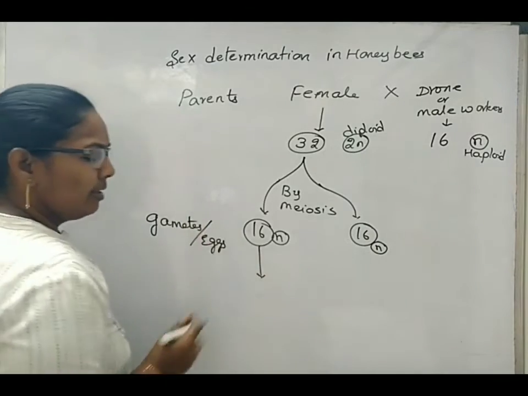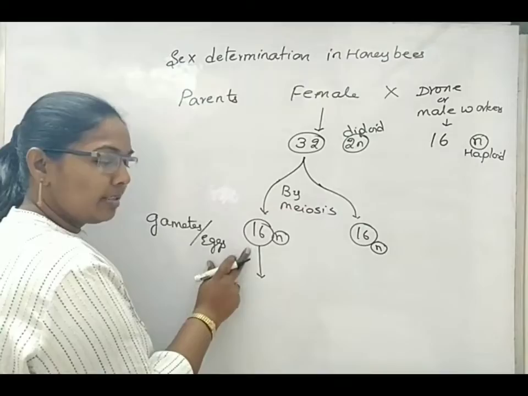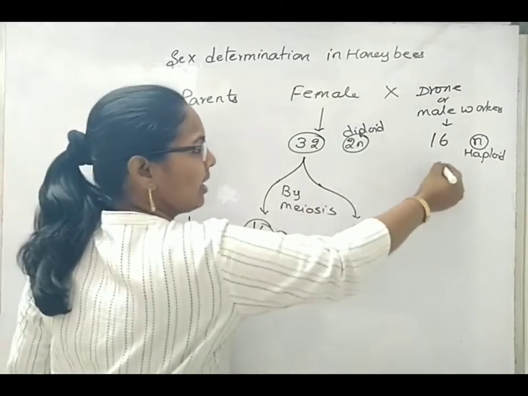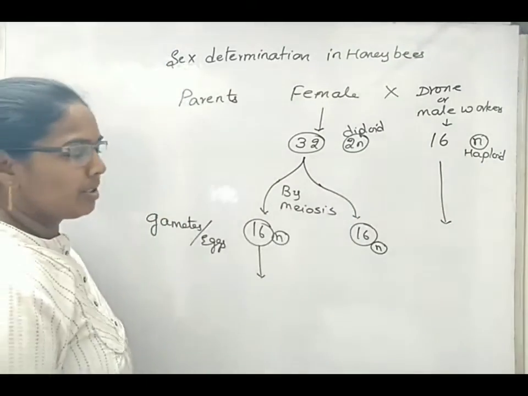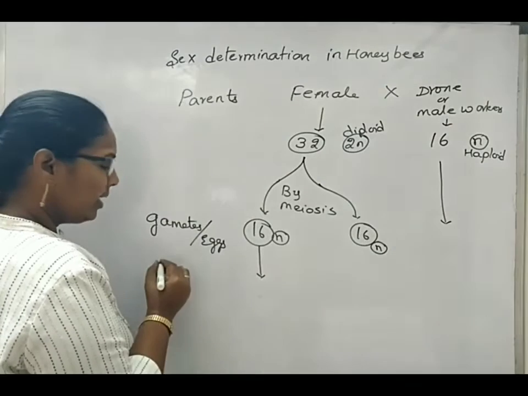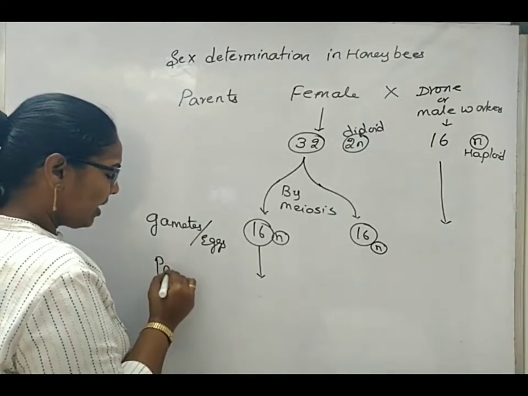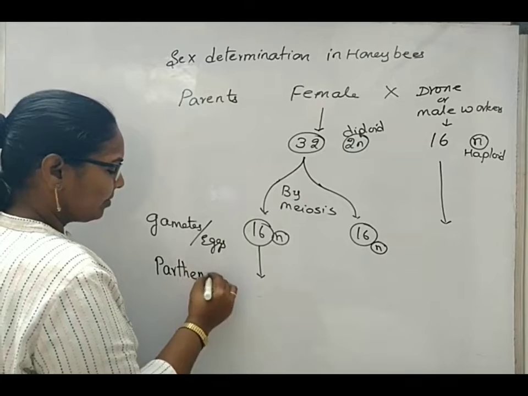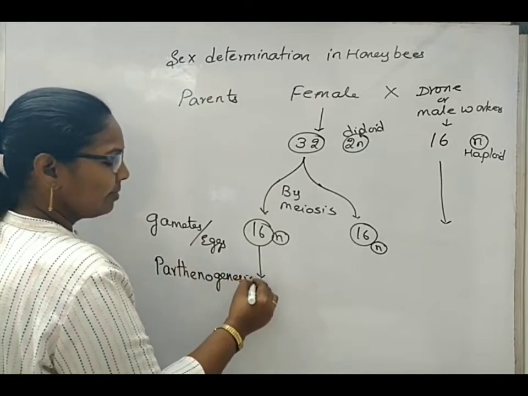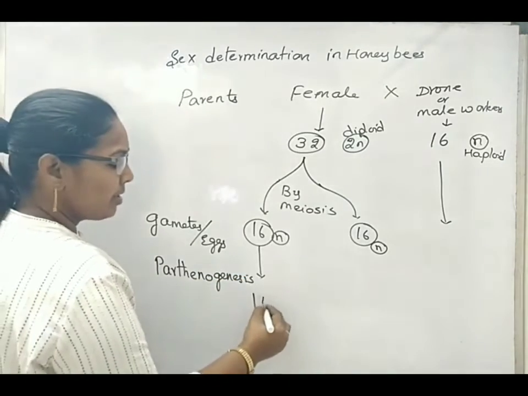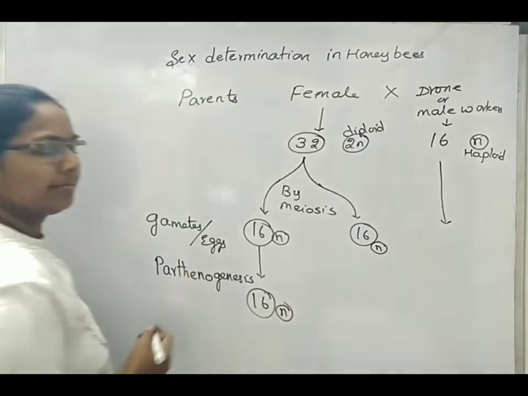Then some types of eggs will not undergo fertilization with the gametes from the male drones. This will be undergoing a type of unfertilization that is called parthenogenesis. It gives out males only.